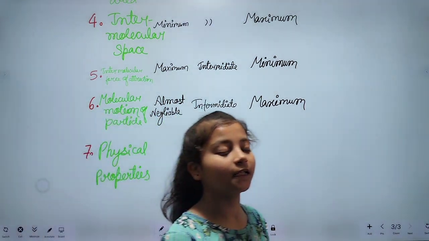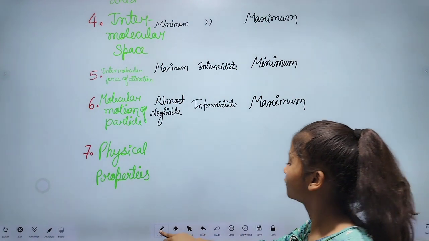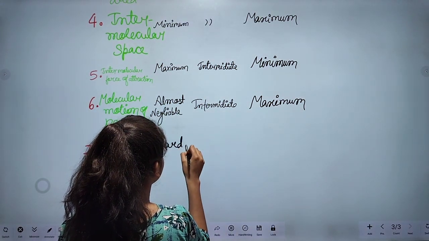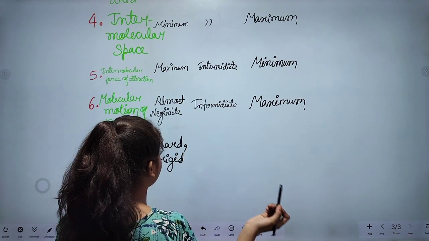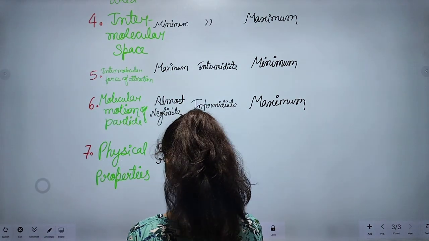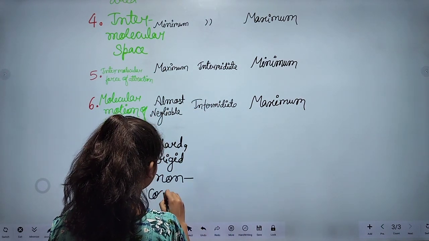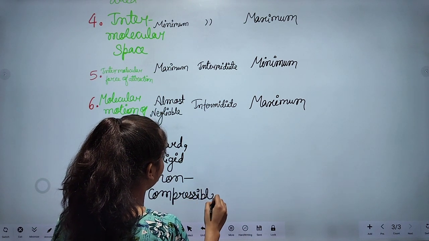Okay, physical properties of solid is generally hard, rigid. Okay, so the same thing we write here, that hard, rigid, non-compressible. Okay, so write here non compressible.